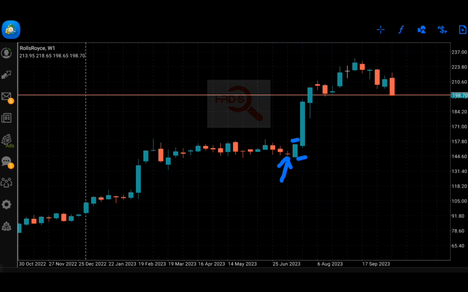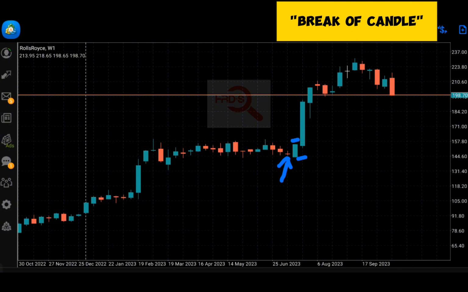I don't want you to go cramming anything. I want you to see this financial market as it plays out in real life, so that it will be more interesting to you. Suddenly the bullish people came and pushed price above how many candles? 1, 2, okay, 1, 2, almost 3 bearish candles.